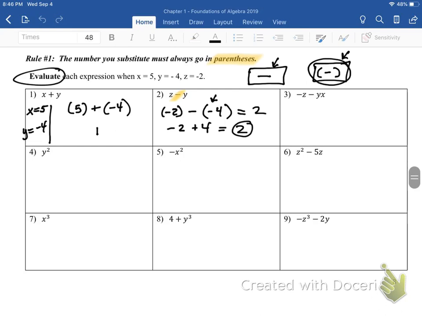Okay, so a lot of these examples are basically the same. Okay, so if we try this one, negative z minus yx. Now when you see these two things together, note that yx means multiply.